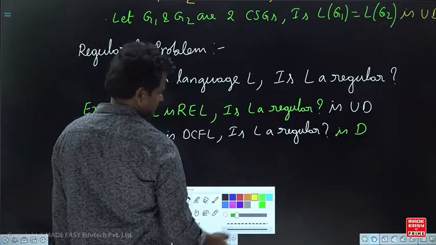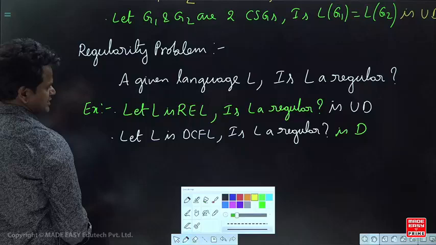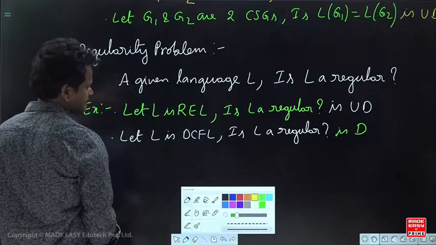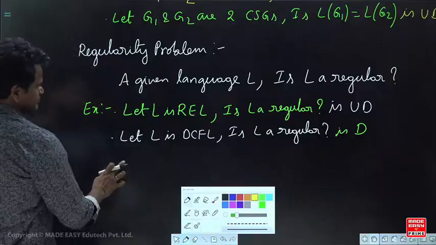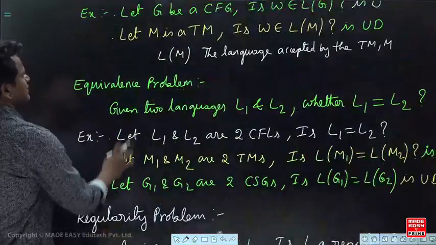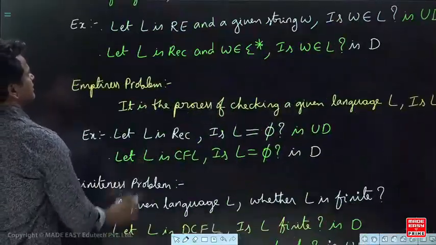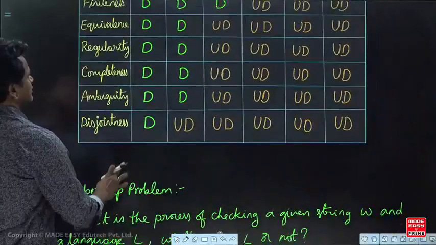Guys, we'll go for the next problem. What is the next problem? Ambiguity or completeness? I'll go in order.